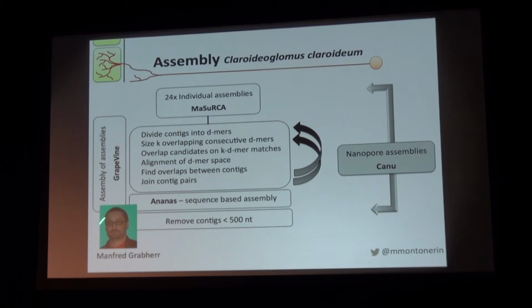So this is the work of the team of Manfred, where they built this assembler, Grapevine, that the key thing of it is this concept of dimers. What they do is in one contig, you will have some motifs that you will decide randomly, and then you will see the distance between the same motif in the contig.